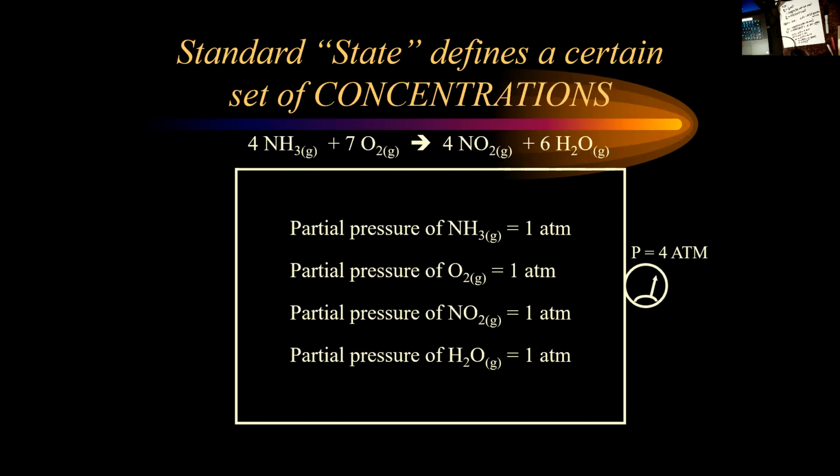And in reality, if you wanted to duplicate this, you would have to have a container so big that it would be at 4 atmosphere pressure, but you could go in there and take out 4 moles of ammonia and 7 moles of oxygen and add in 4 moles of NO2 and 6 moles of water vapor into that container, and the pressure of each gas would not change.